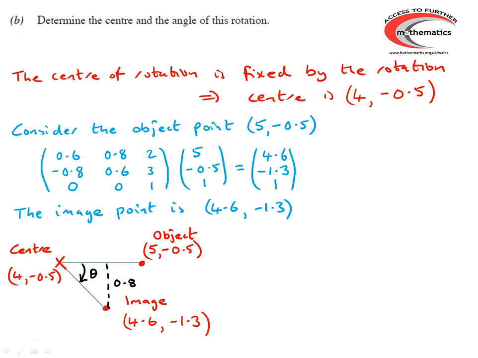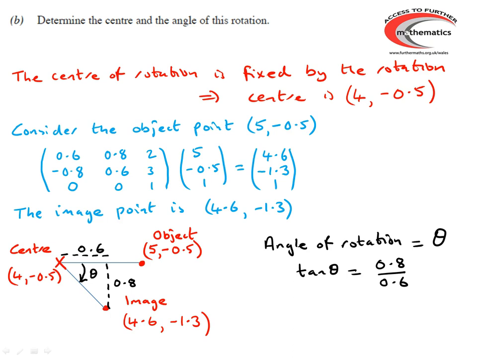If we make a right angle triangle out of that, then we have a y step of -0.8, or 0.8 downwards, and an x step of 0.6. So tan theta is 0.8 divided by 0.6. So theta is 53.1 degrees. So the rotation is a clockwise rotation of 53.1 degrees.